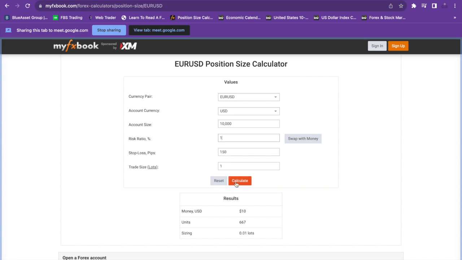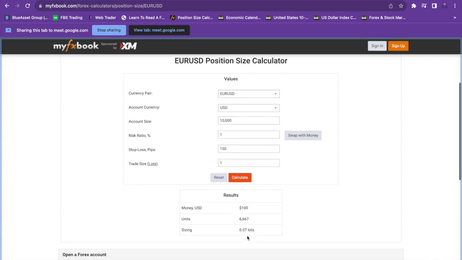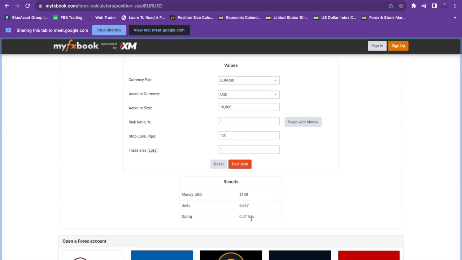My trade size is calculated. As you can see on the Euro USD, you can go all the way up to a 0.07 lot. But Marnie is full of crap and she doesn't want you guys to throw money away while you're learning. That's why I say start on a 0.01, right?